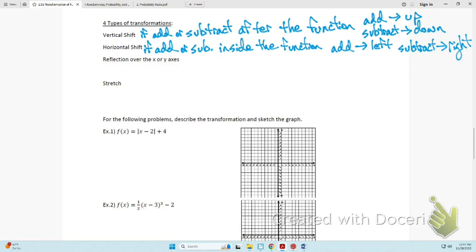For reflections, if negative in front, it flips down. If negative inside the function, it flips left.